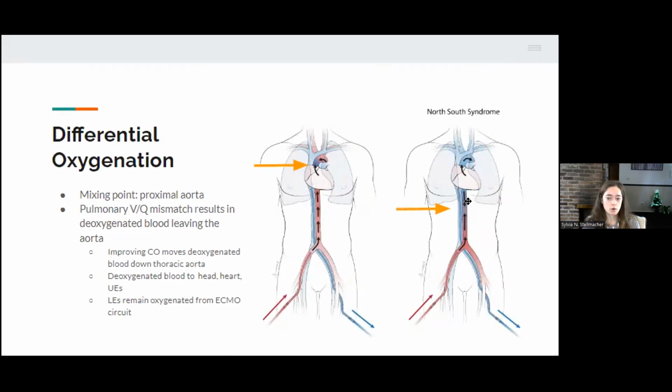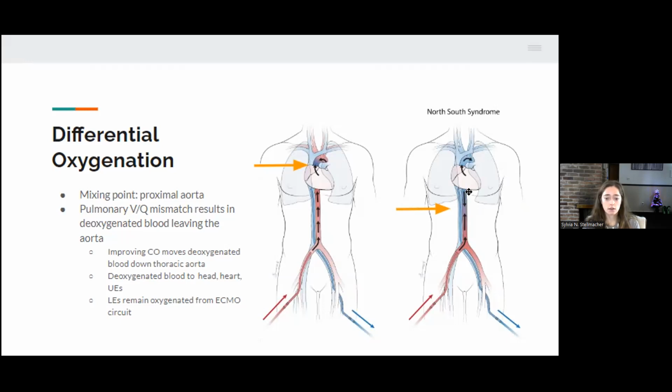This only becomes a problem if there's a shunt in the lungs that's providing deoxygenated blood to the heart. If the heart is pumping oxygenated blood from the lungs and the lungs are being ventilated and oxygenated adequately, this is not an issue.